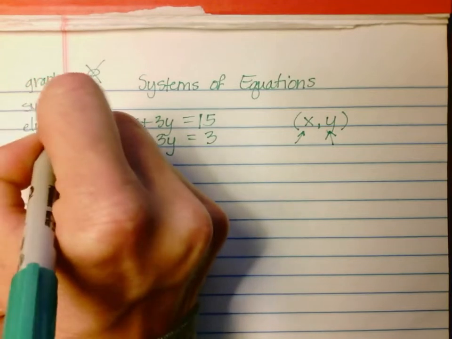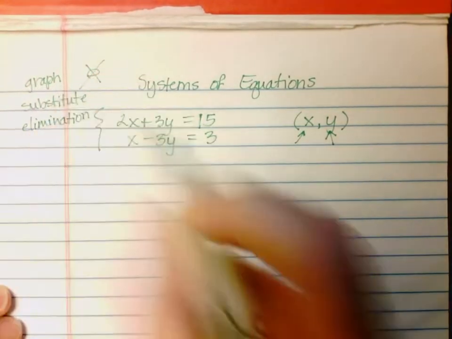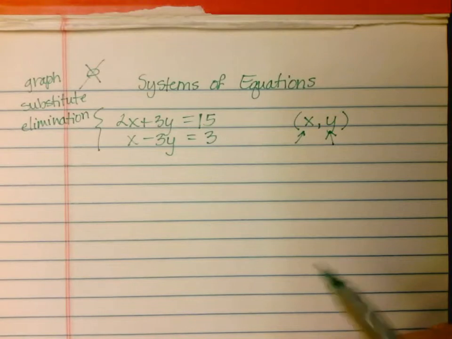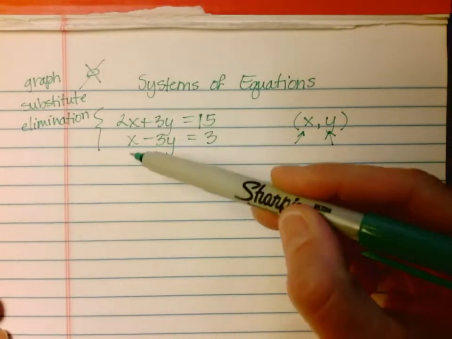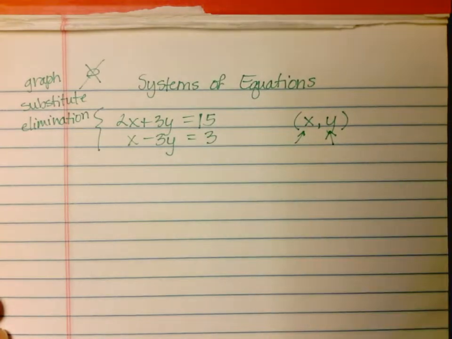Or we can use elimination. Elimination is easiest when the equations are lined up, like we have in this situation, where the like terms are in the same column.